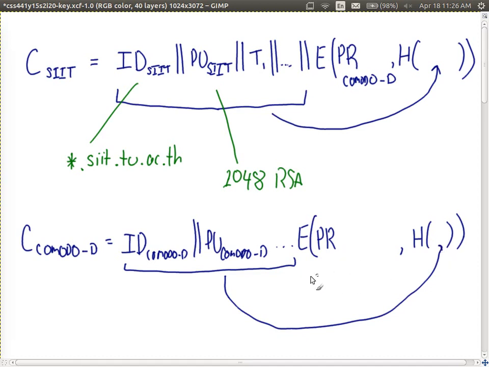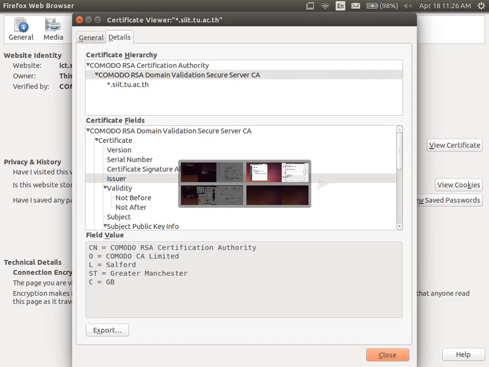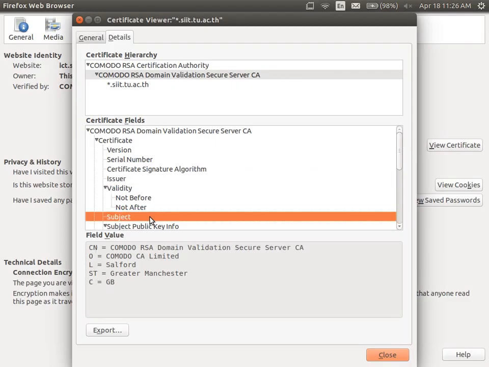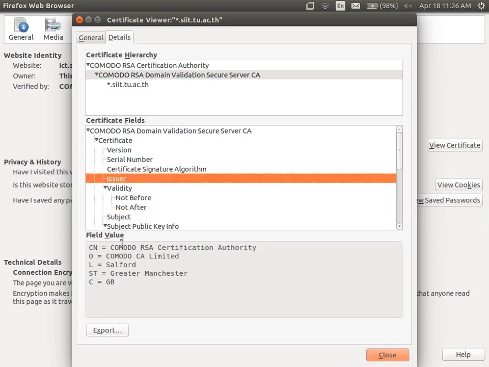Whose private key was used to encrypt Komodo's certificate? It's a bit confusing because Komodo issued it as well. The subject I'm calling Komodo D, Komodo Domain Validation Secure Server. The issuer is Komodo Certificate Authority. So let's call that Komodo CA, just to be distinguished between them.